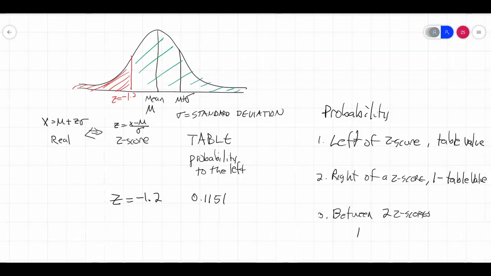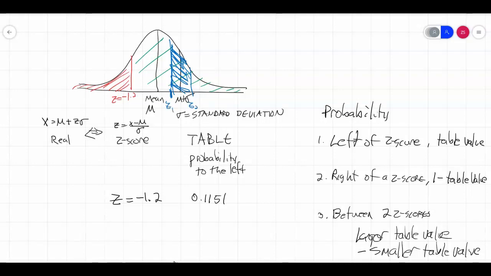If you have two z-scores, you'll get two table values. Then the probability is the larger table value minus the smaller table value. So if you're given this, you want to find this region right here, you have to find the z-score for each of these edges.